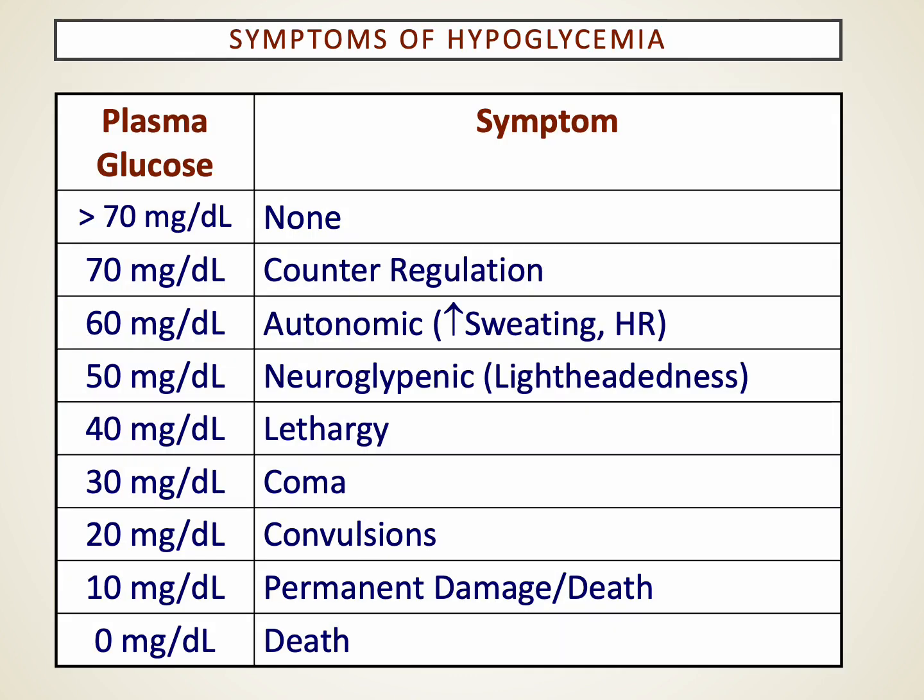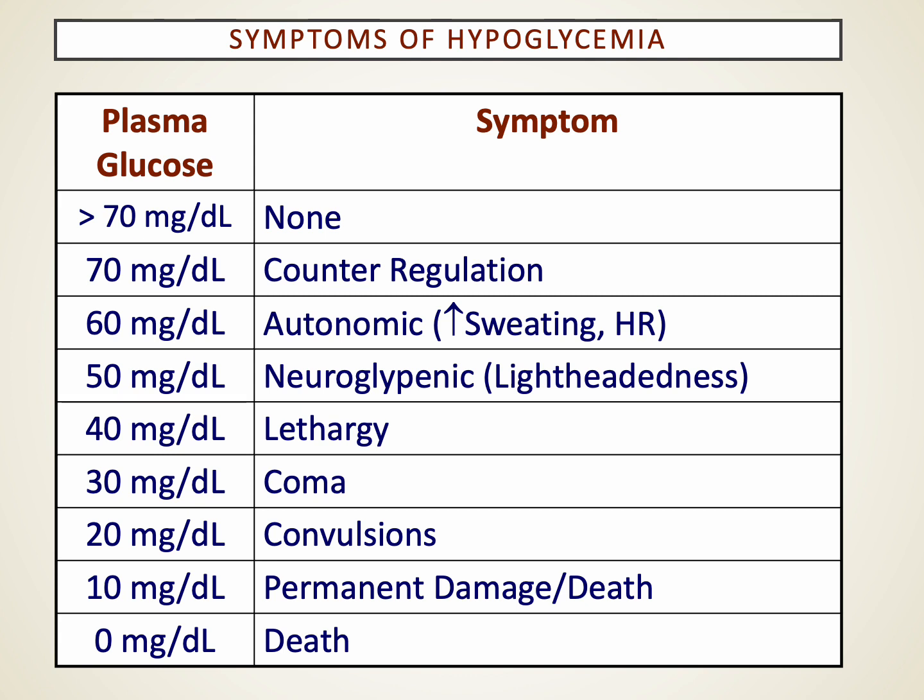But with anyone who's on insulin, we really worry about hypoglycemia, particularly patients who, once blood sugars get around 60 or so, many patients start to have classic sweating, elevated heart rate, maybe tremors, and then it's not till they get down to 40 or 30 that they have a lot of lethargy or a coma or serious complications and loss in mental status, even risking seizures and brain damage or death when we get very low. So it can be very problematic to have serious hypoglycemia.